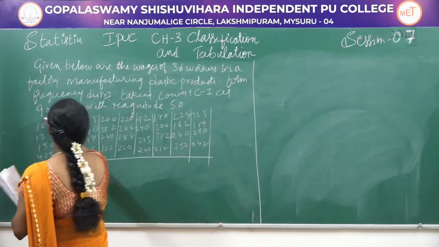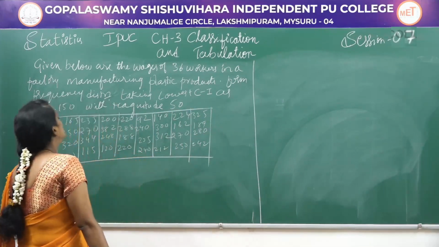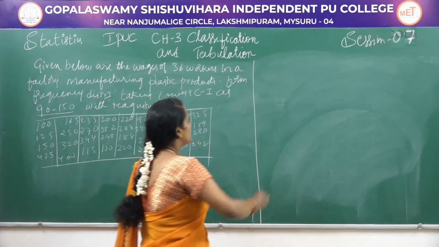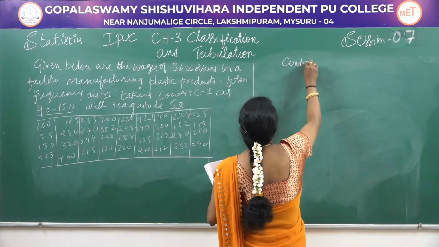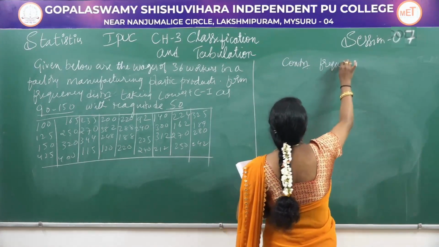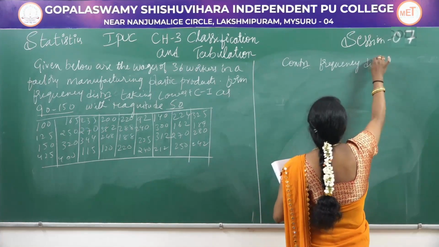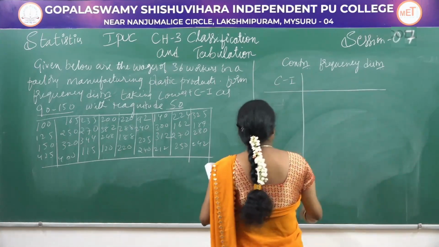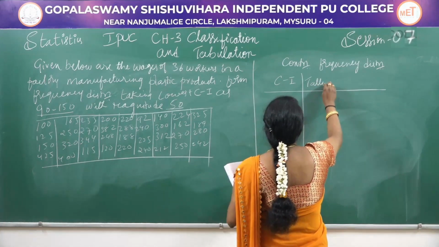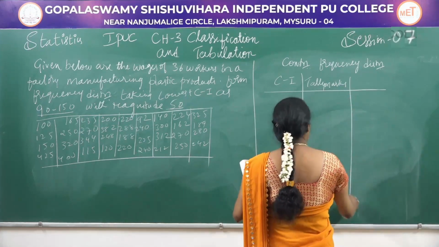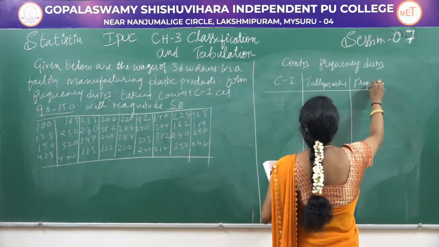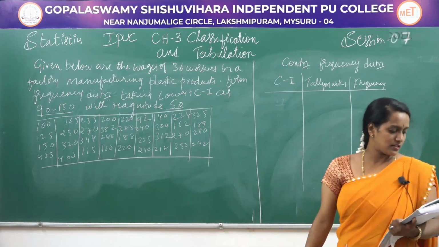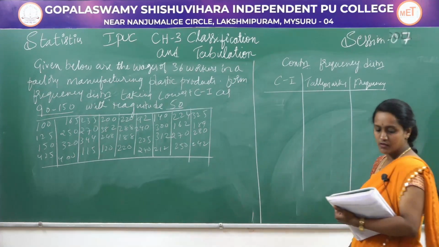For this data, we have to form a continuous frequency distribution with the lowest class interval 90 to 150 with the magnitude 50. So, form the table: the first step is to write the columns, that is class interval, tally marks and frequency. Let's write the class interval one by one.